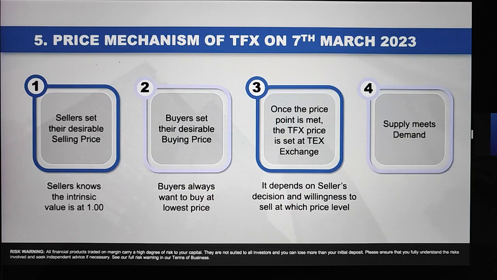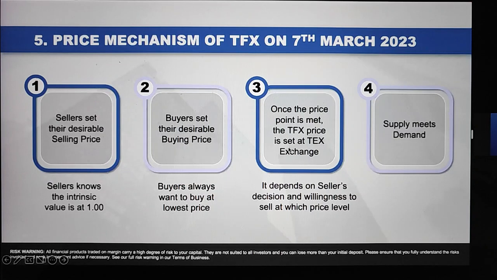So if they set at, say, 25 cents, but all the sellers want to sell at 1, no one wants to sell below 1. So no transaction happens until either the buyer moves the price up or the seller moves the price down. When the price point is met, the TFX price will be set in the exchange. Again, it depends on the seller's decision and willingness to sell at which price level.